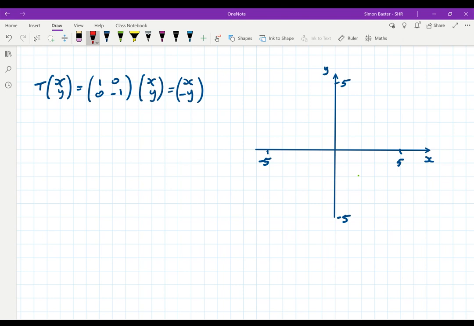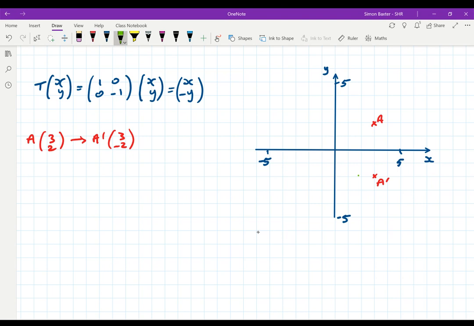If I start with A as (3, 2), the x-coordinate remains the same, and the y-coordinate becomes minus what it was. So A at (3, 2) is mapped onto A dashed at (3, -2).